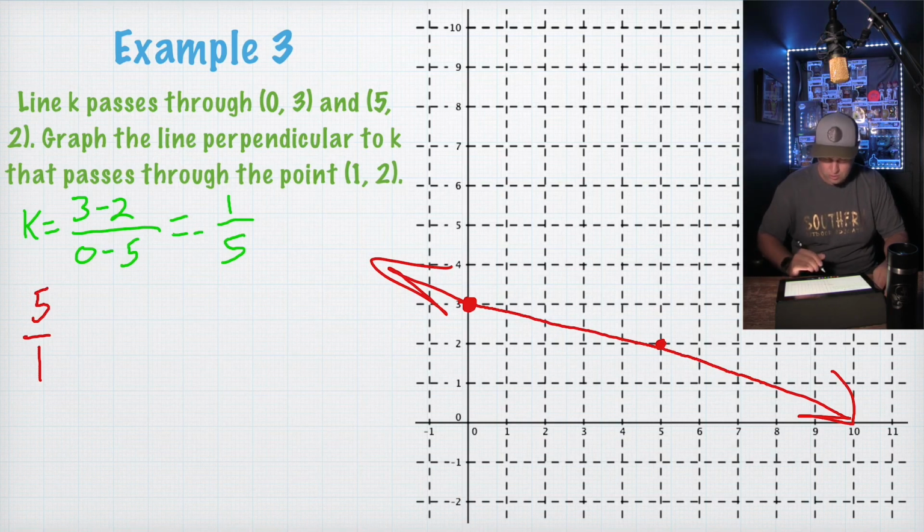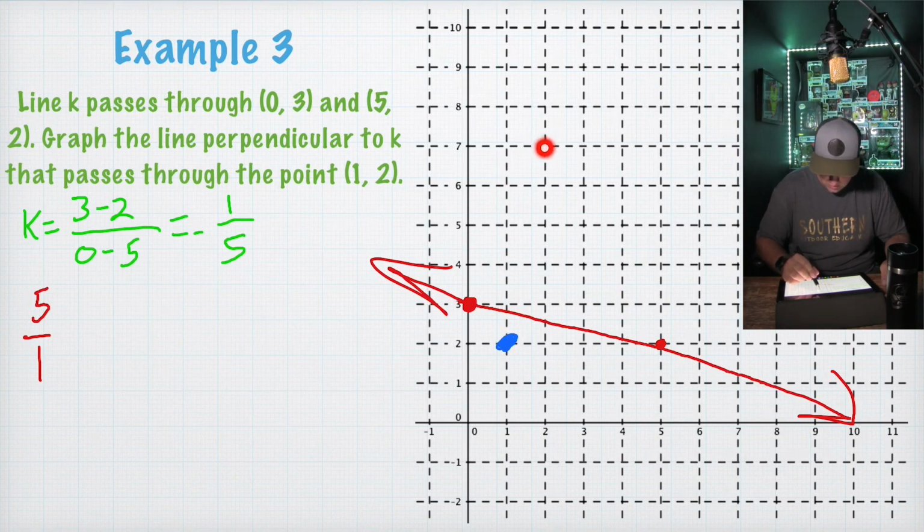We also know it has to go through the point 1, 2. So let's go ahead and graph that point 1, 2. Right here. Okay? And we know it's 5 over 1, so it's going to go up 5 over 1. So we're going to count 1, 2, 3, 4, 5 over 1. So it should be right here.